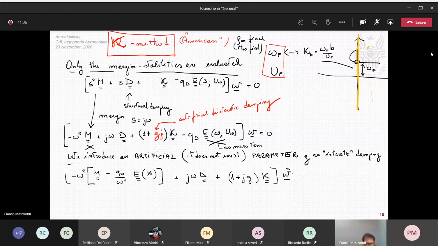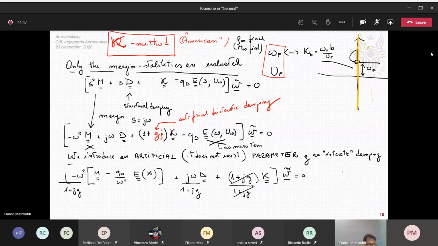Now, if we want to write W tilde, it's okay for the eigenvector, just to emphasize that this eigenvector should be a complex eigenvector. Now, what can we do? We want to divide this equation by 1 plus jg.